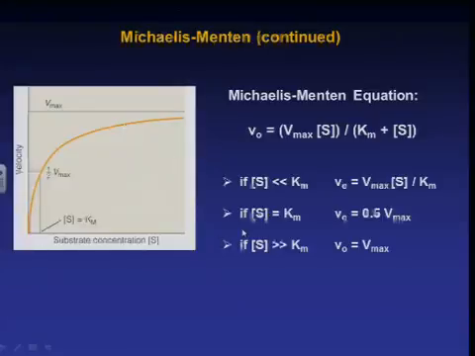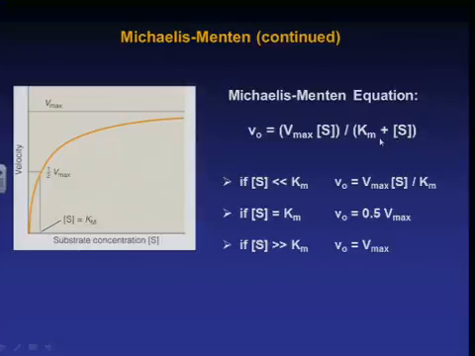All right, so again, let's just look at this equation. If the concentration of substrate is very, very low, right, if this number relative to the Km is small, let's look at this term. If this number is relatively small to Km, then that denominator, for all intents and purposes, is the same as Km, right?